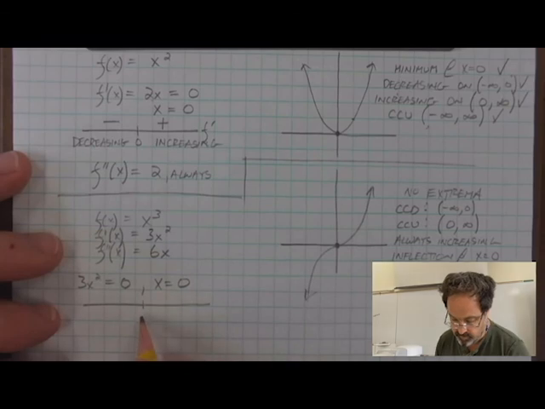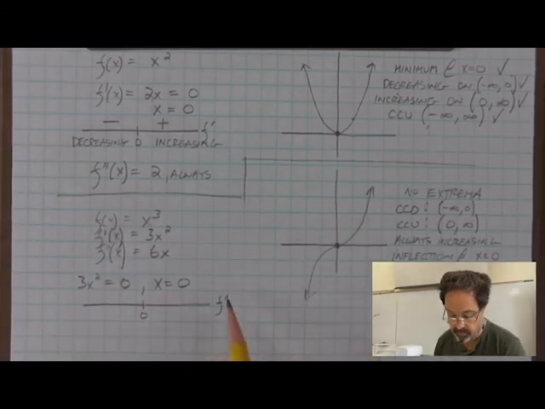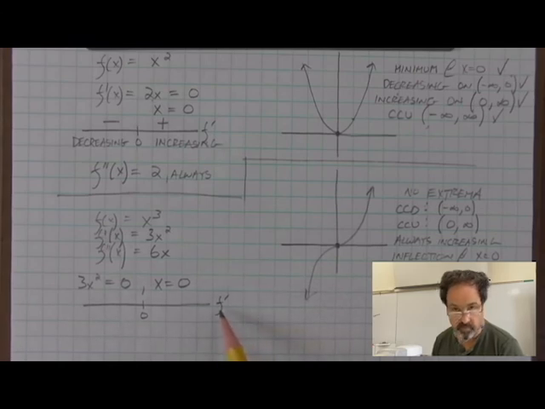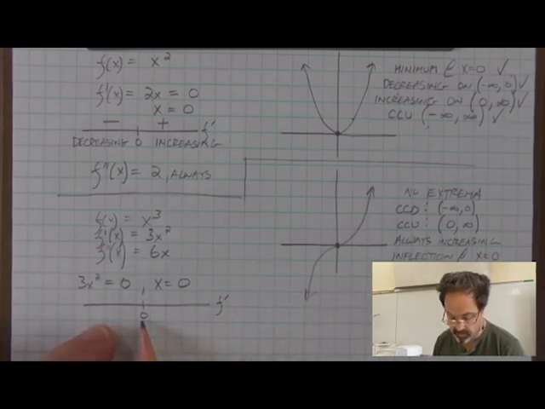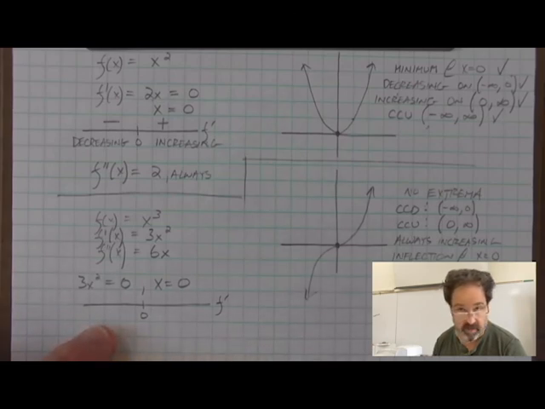So let me attempt to make a sign line. This is a number line for the sign of the derivative. And the critical point is a tick mark at 0. And I'm going to think of numbers before 0 and use them to determine what the sign, positive or negative, of the derivative is. So before 0, I have any negative number.